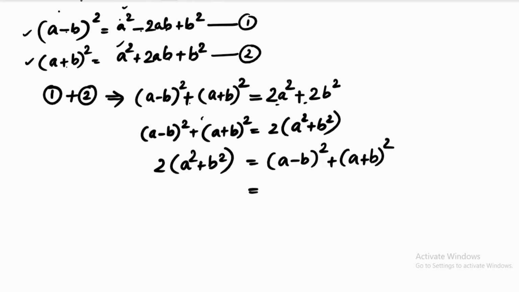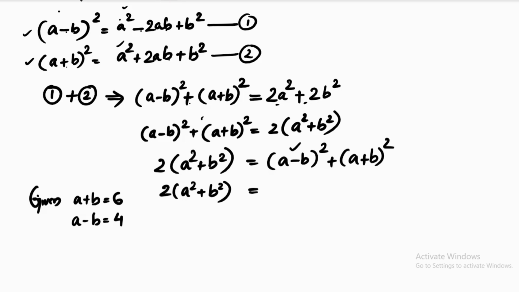Now substitute the values. Given that a plus b equal to 6 and a minus b equal to 4, we substitute the values here. So 2 into a square plus b square equals, instead of a minus b we have 4, so 4 square, plus instead of a plus b the value 6, so 6 square.